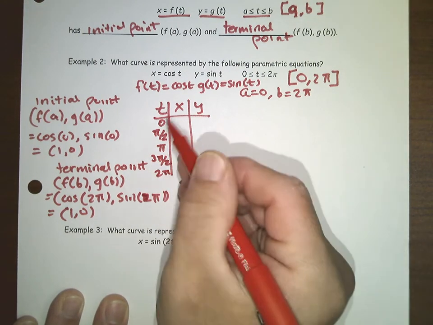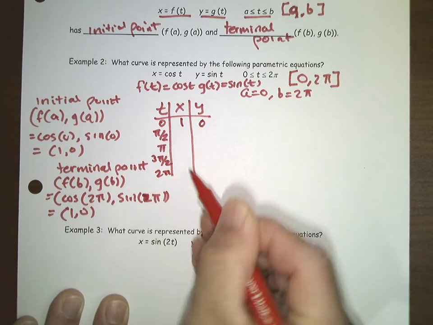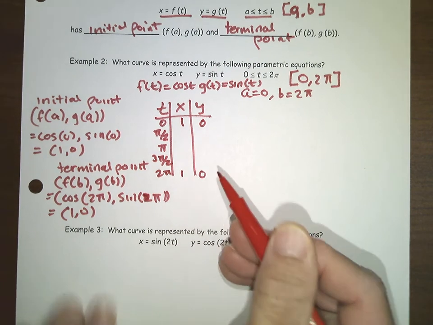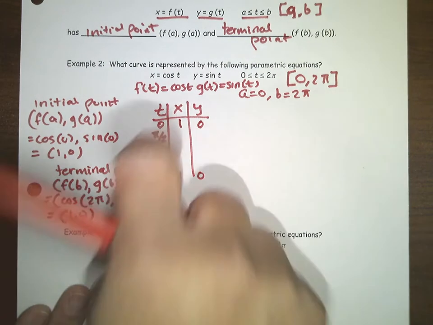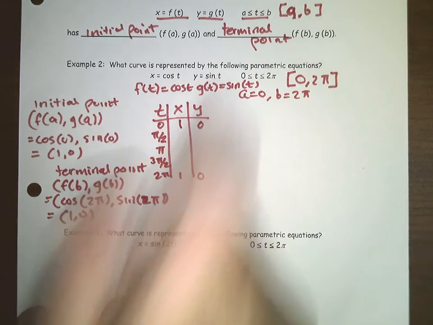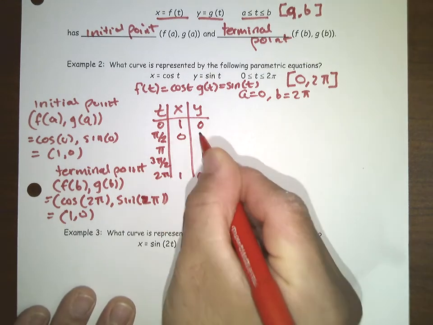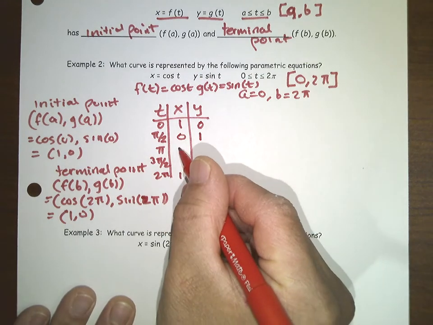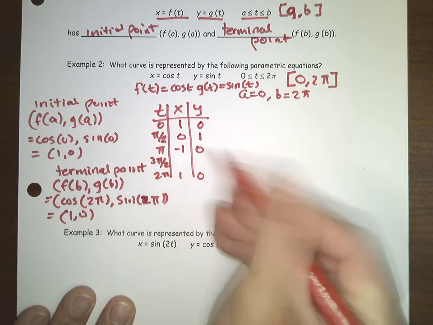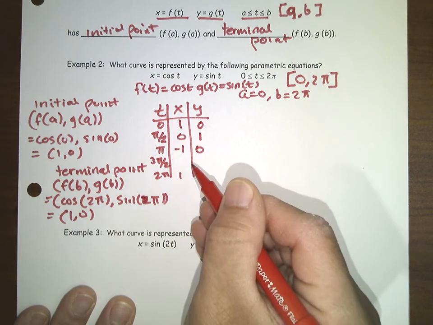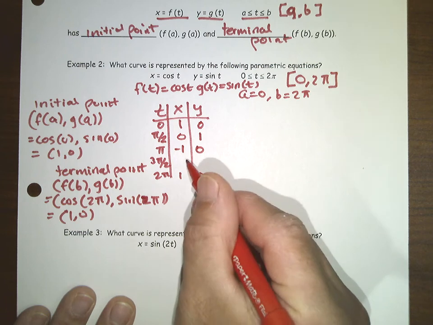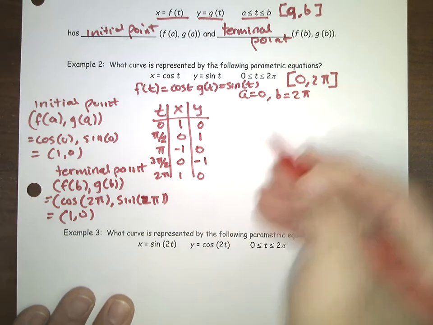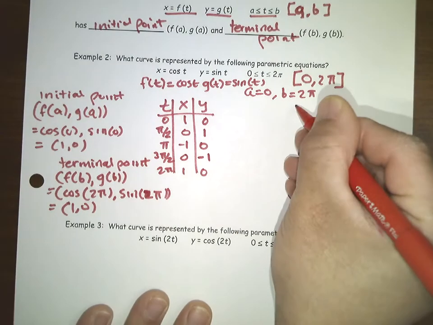The initial point was 1, 0, terminal point 1, 0. In between, cosine of pi over 2, sine of pi over 2 gives me 0, 1. Cosine of pi, sine of pi gives me negative 1, 0. And then cosine of 3 pi over 2, sine of 3 pi over 2 gives me 0, negative 1. And so here is my sketch.